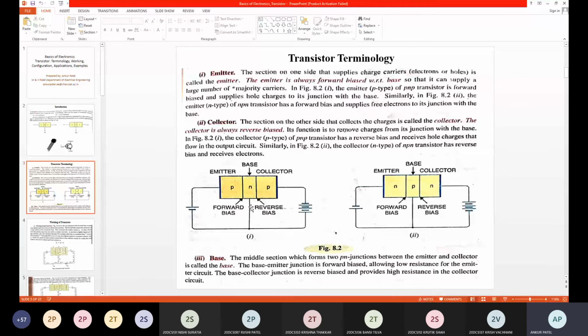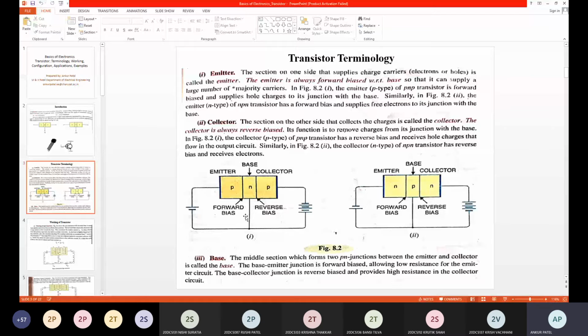Okay. So a transistor can act in three modes: active mode, saturation mode, and cutoff mode. In cutoff mode, both the input and output circuits are in reverse bias.